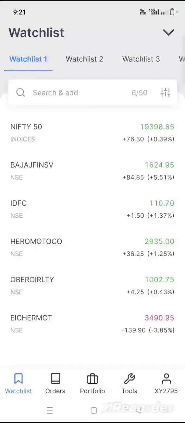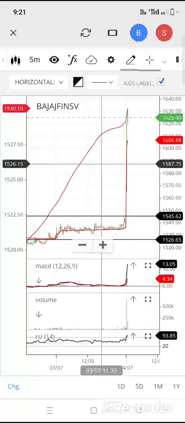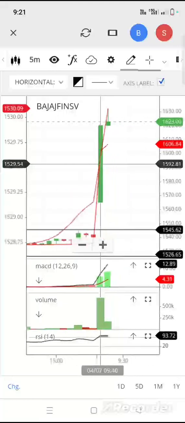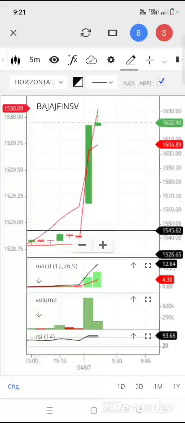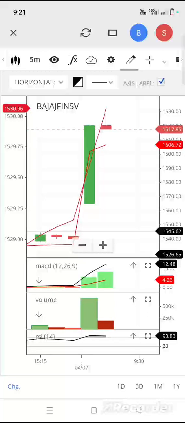After completing my analysis and marking levels, I'll wait till 9:20, sorry, 9:45 to decide and for confirmation. Once I get the confirmation, I'll take trade based on the live market, whether it is short or long.